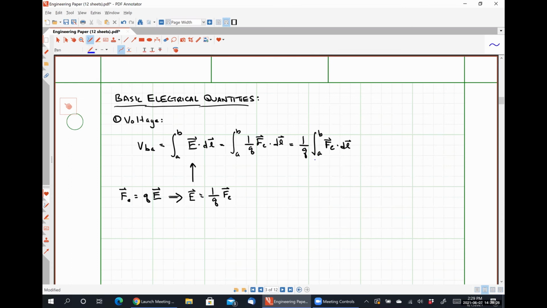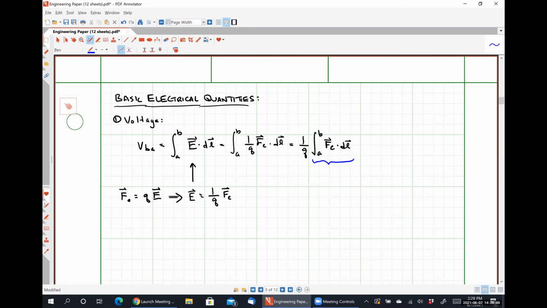Now here's a question. Who paid attention in physics class and recognizes that integral? Ignore the 1 over Q part. What is the integral of force dotted into some differential line element? Work.